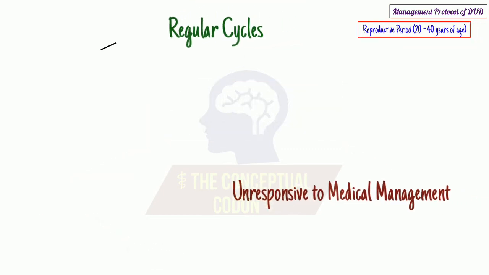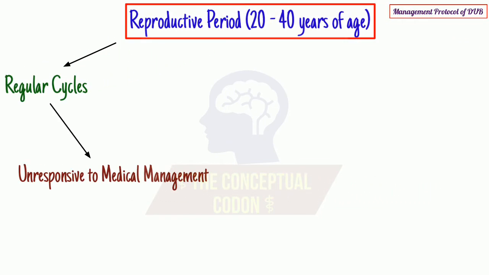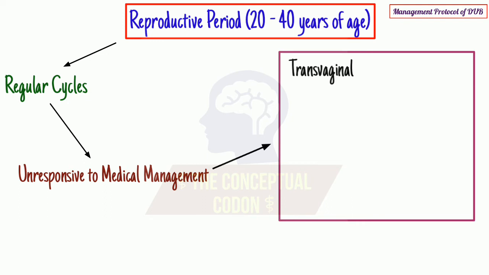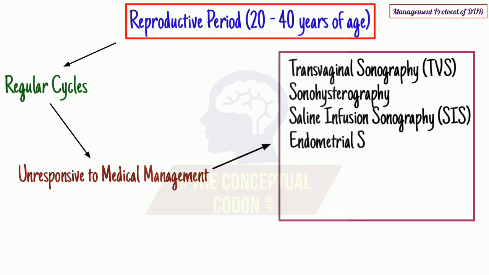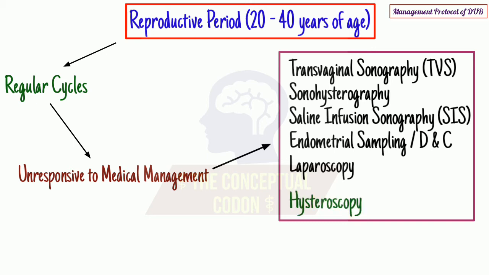But if the patient does not respond to the medical management, then various investigations should be done, like transvaginal sonography, sonohysterography, SIS, that is saline infusion sonography, endometrial sampling and dilatation and curettage, laparoscopy, and the most preferred, that is hysteroscopy and biopsy, H plus B.